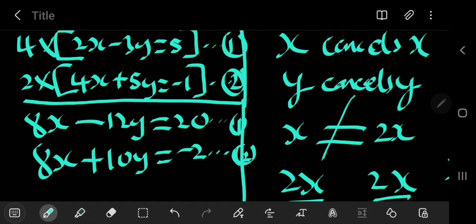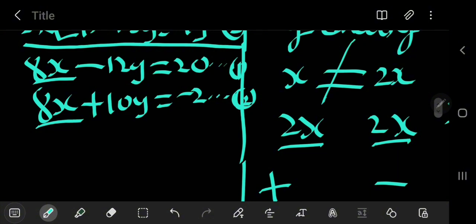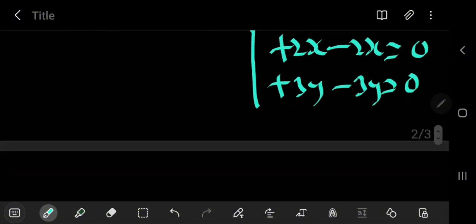The sign. As we could see in the first equation, we have a positive 8x. In the second equation, we also have what? A positive 8x. So how does a positive 8x and a positive 8x eliminate themselves? Let's see it. Positive 8x, another positive 8x.